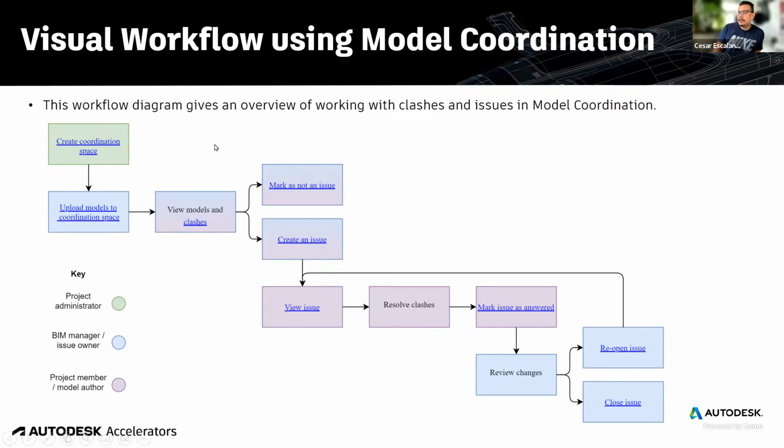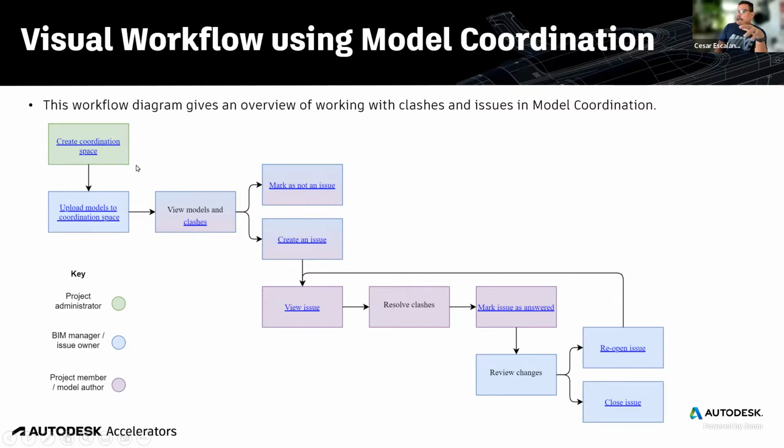Then you can display the models, and the coordination space is actually a 3D view picked from a published set that will be compared with other 3D views from other published models. So you pick the three-dimensional view from one model, and the three-dimensional view of your discipline, place them in the same coordination space, and display the interferences in the form of clashes.